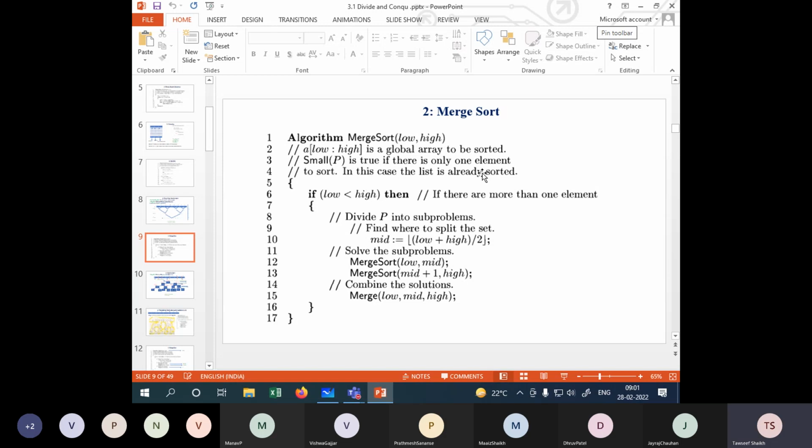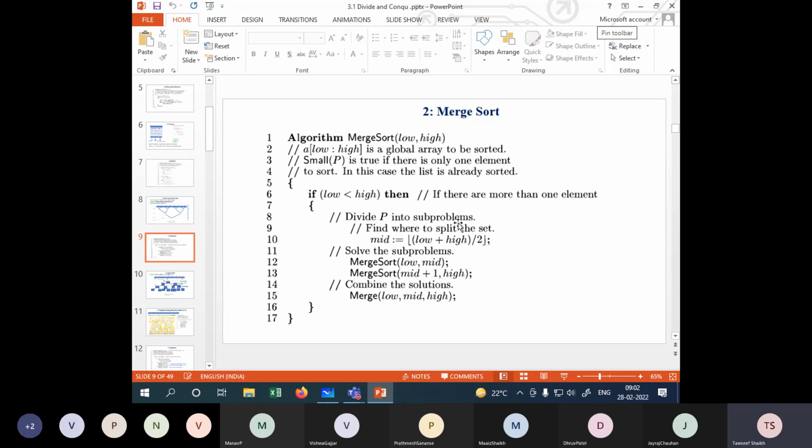If low is not less than high, it is equal to high, then this problem is a small problem, because when low and high are pointing towards the same memory location, there is only one element in the array. In such a situation, we call it a small problem and we solve it. But when low is less than high, it means there is more than one element in the array, so we treat that as a big problem.